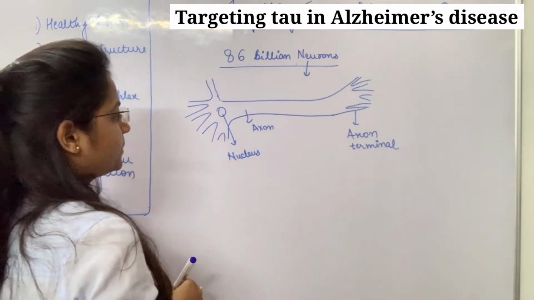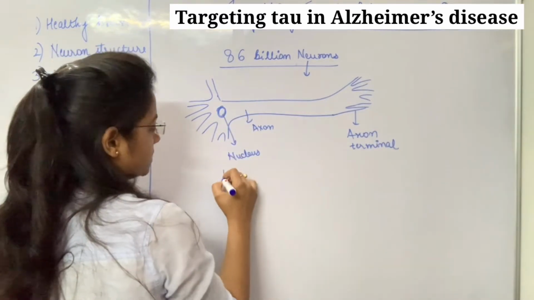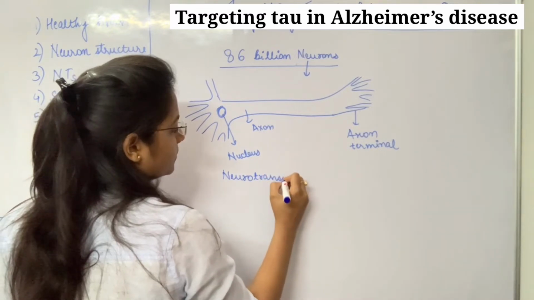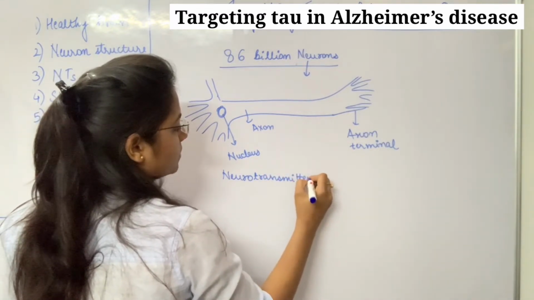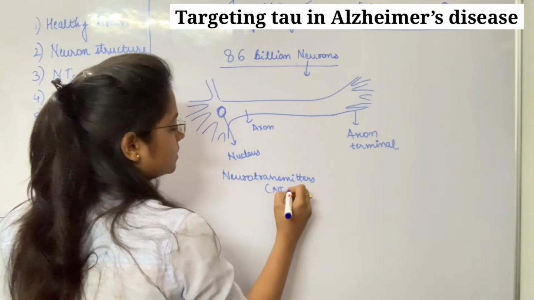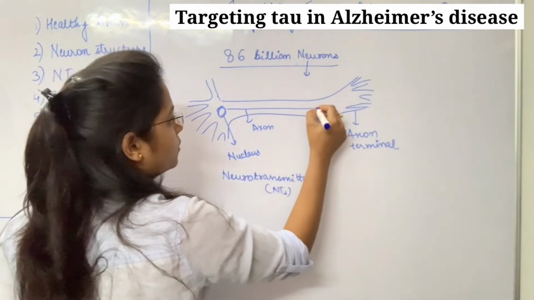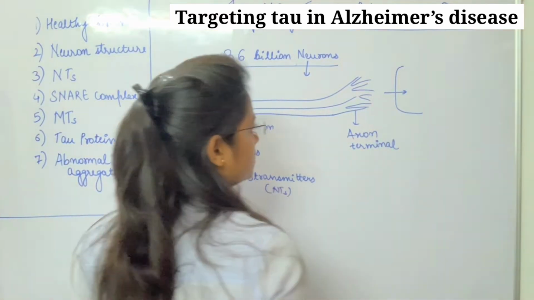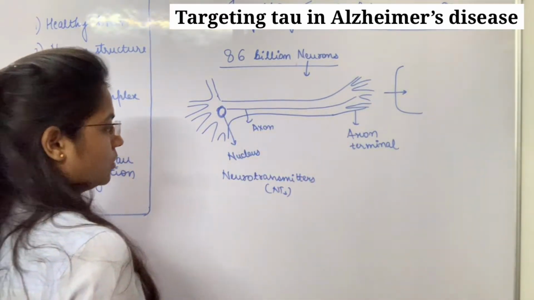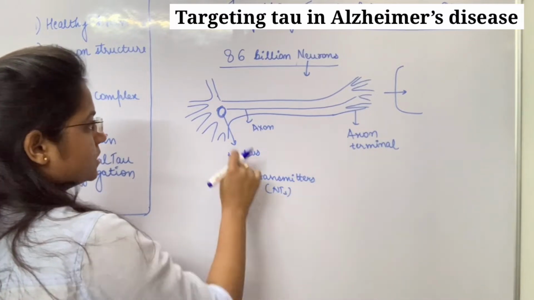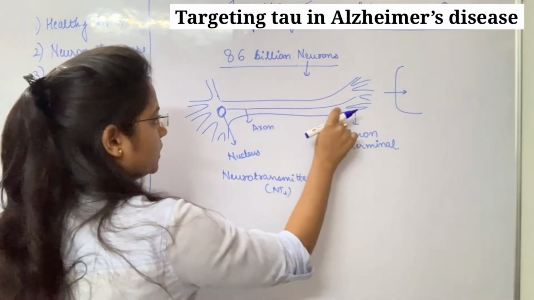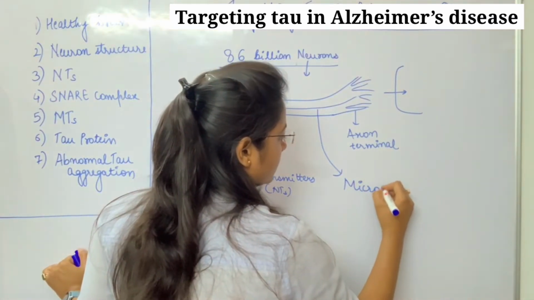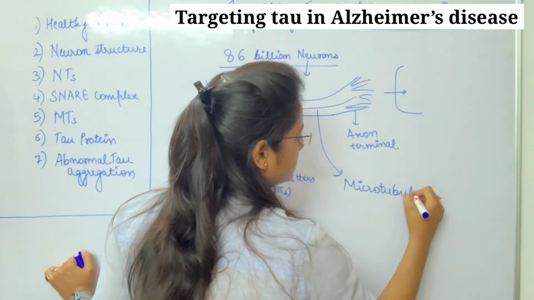Now what happens here is that this nucleus produces neurotransmitters. These neurotransmitters are to be transported to this end to transfer the signal to the next neuron. So these neurotransmitters travel through here via microtubules.